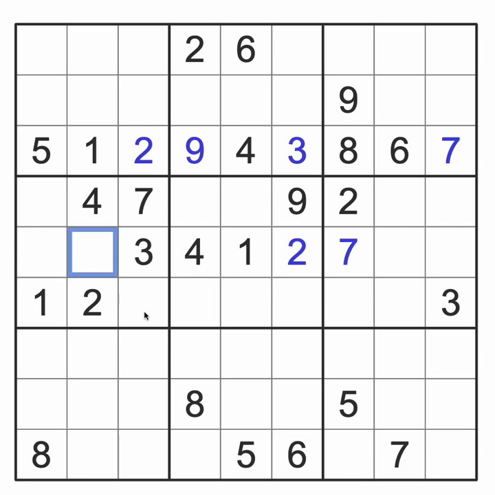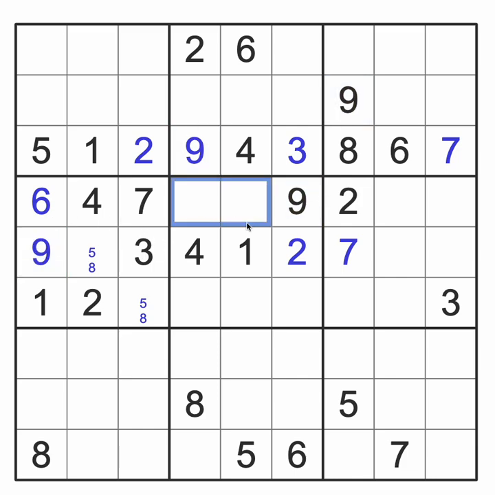So there are only 2 empty cells left for 5 and 8 in box 4, which means these are 5, 8 double. And now these two cells have to use 6 and 9. And 9 is here. So this becomes 6 and this is 9.